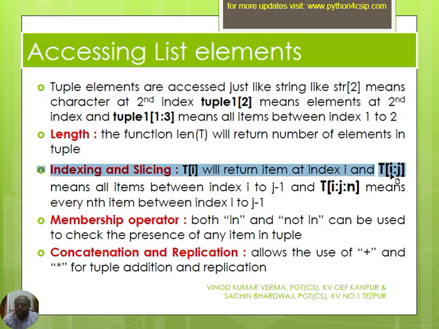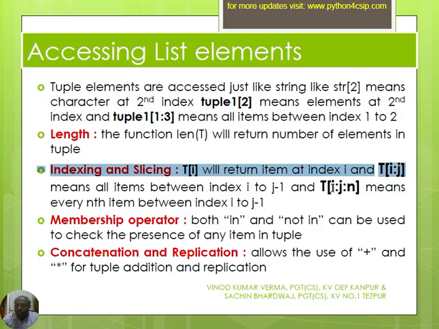Say here T[i:j], the slice operator. That is, the starting value is i, and it prints from the starting value i up to j, meaning all items between the index i to j minus 1.